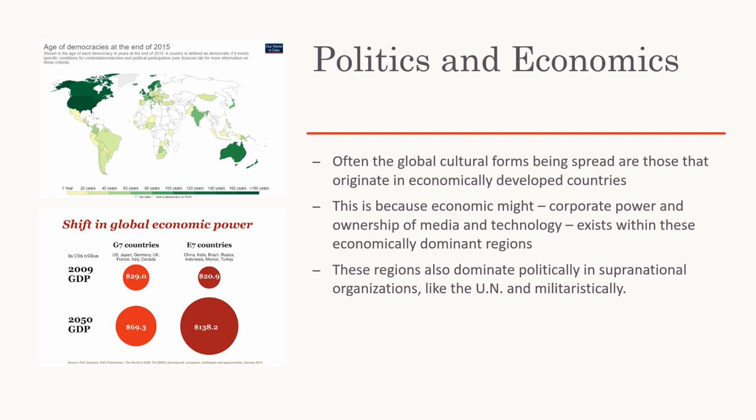And so when we think about the types of media that's being spread around the world, types of culture that's being spread around the world, that is coming from economically dominant regions, but it's also that corporate influence, right? So that influences food structures and food habits of individuals moving away from traditional customs of food and eating into maybe a more fast food type of diet and dietary customs.